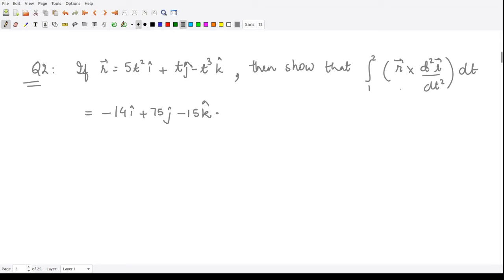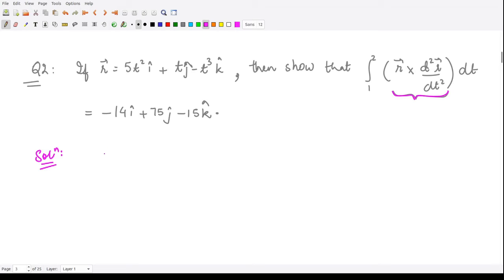Now here, because we are taking the integration of some vector, we have to show this is equivalent to this particular vector. Okay, so in order to solve this question, we are to integrate this particular vector. Now if we are able to find this vector as equal to the derivative of some other vector, then it would be very easy to calculate its integration.